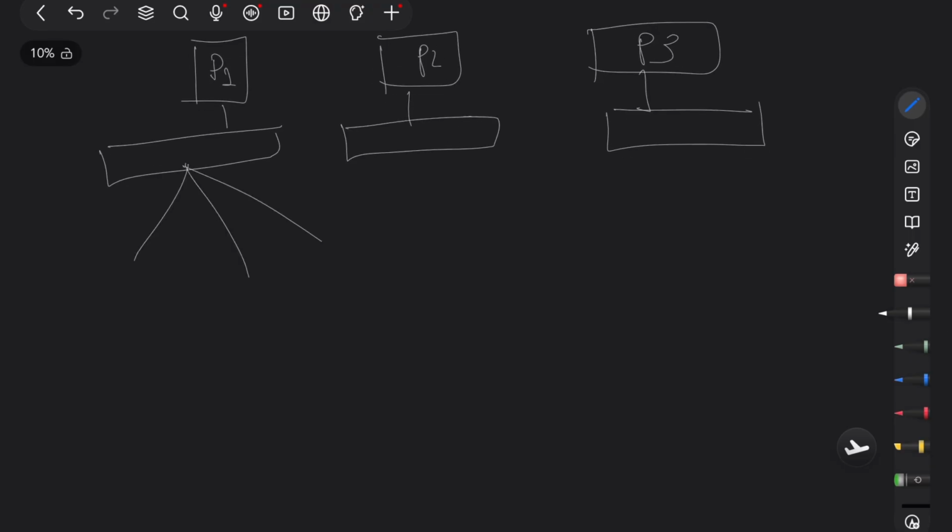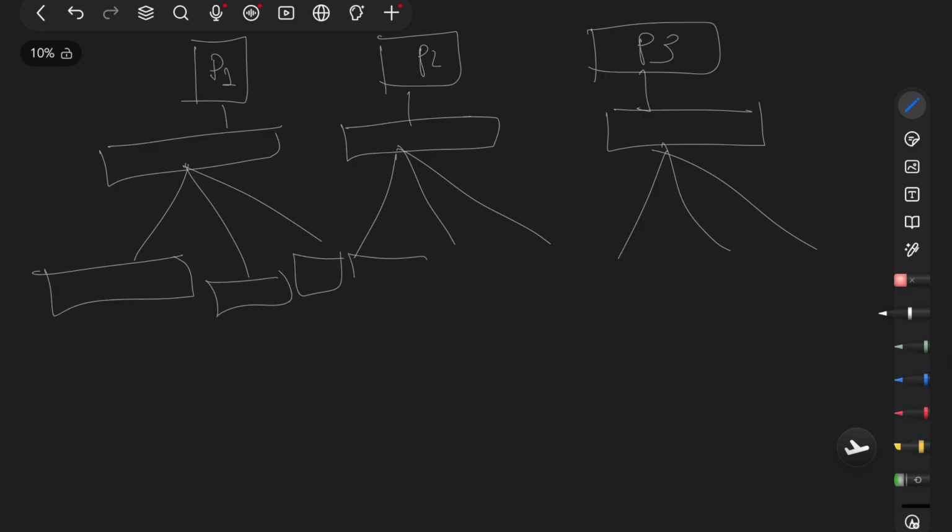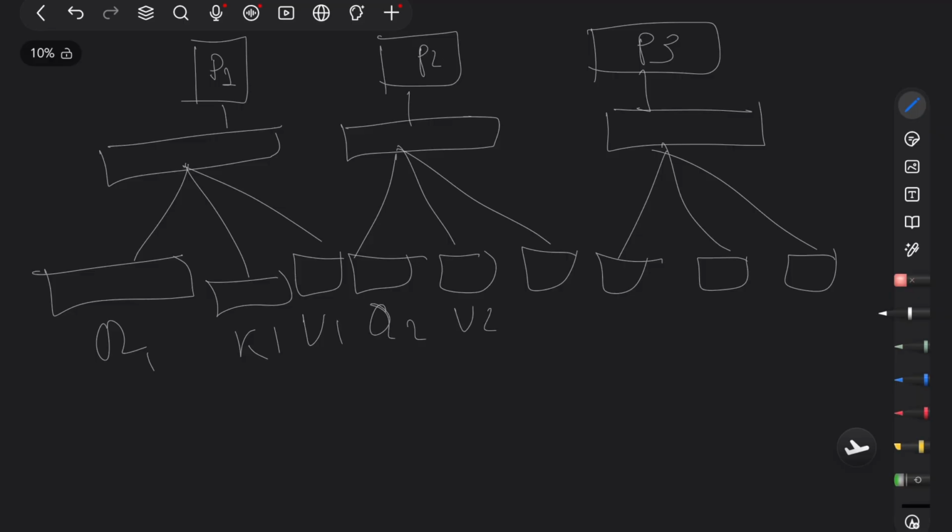What we do is find the query, key and value vectors of each individual one: query 1, key 1, V1, query 2, key 2, V2, query 3, key 3, V3.